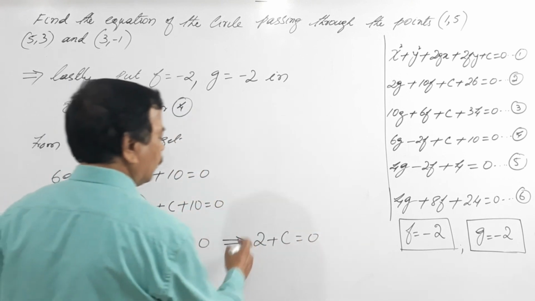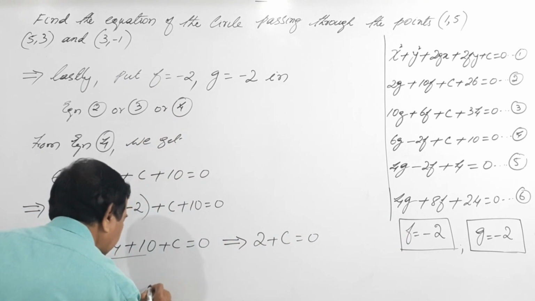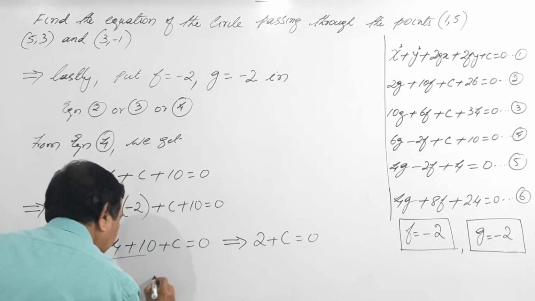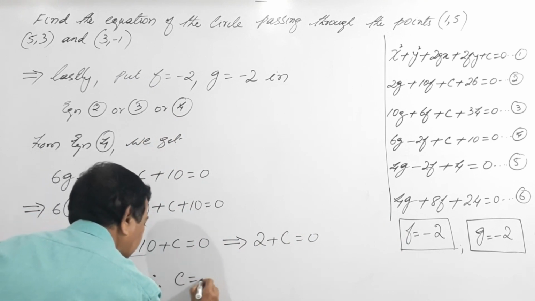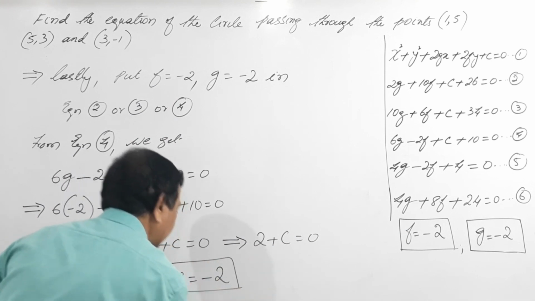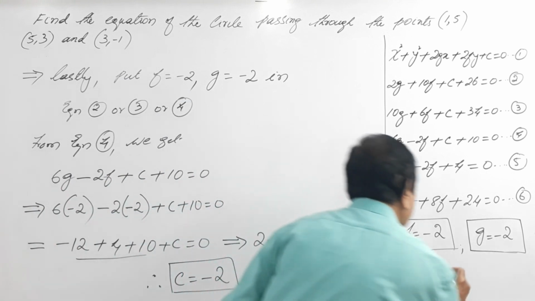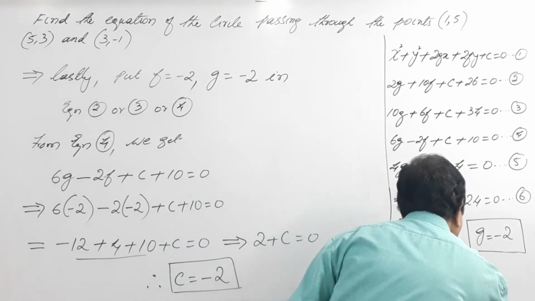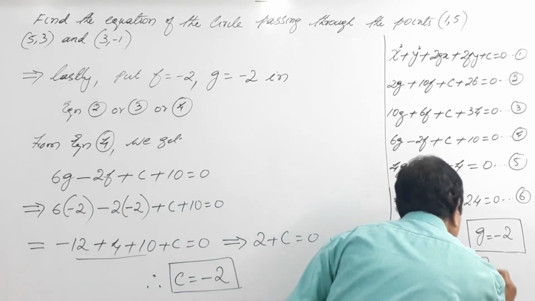So if 2 goes to the right hand side, therefore c also equals minus 2. Wow, what a coincidence. c equals minus 2.